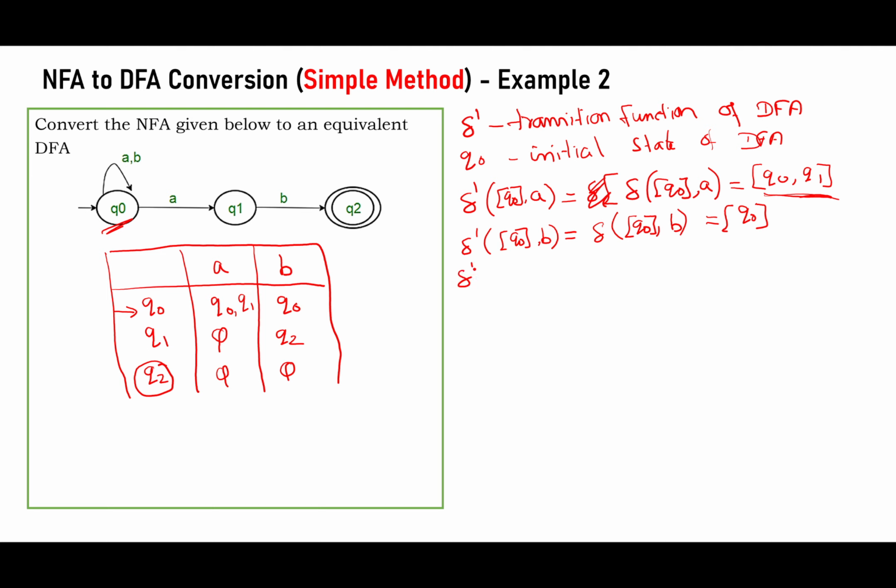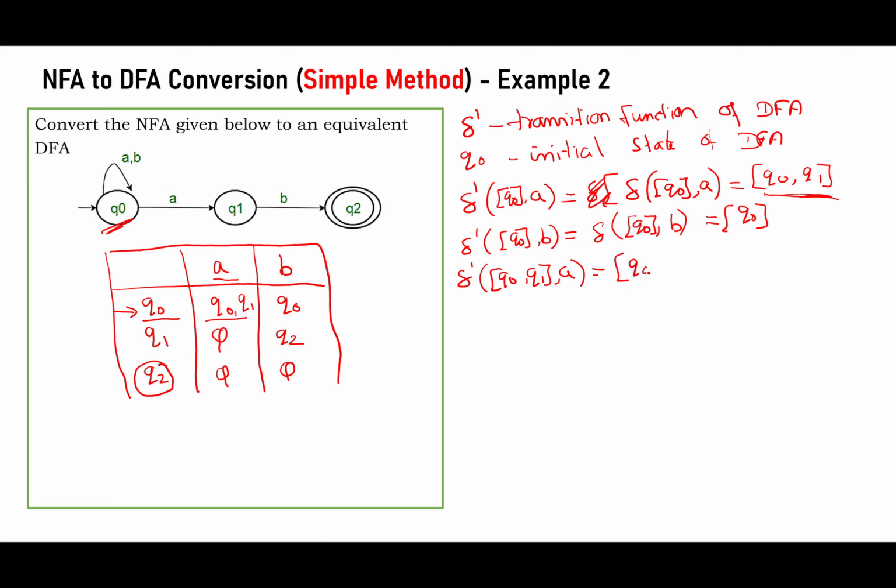It can be written as delta dash of q0 comma q1 comma a, for the first input symbol a. What is q0 comma a? It is q0, q1. Then what is q1 comma a? It is null.